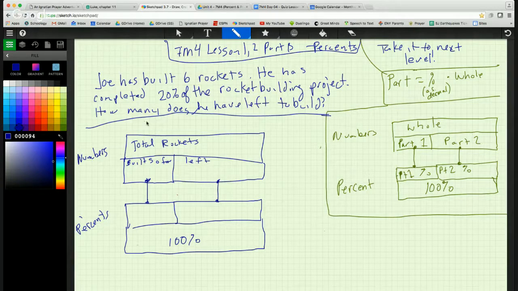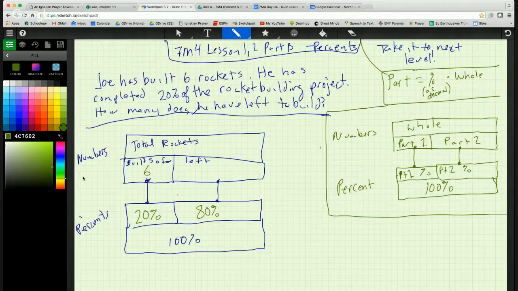He has built 6 rockets, so we do know that number. So we'll put a 6 in here. And we know that that's 20%. We don't know how many total rockets or how many left, but we do know that what's left is 80%, because 20 plus 80 has to equal 100.